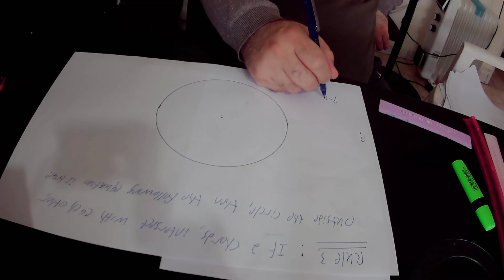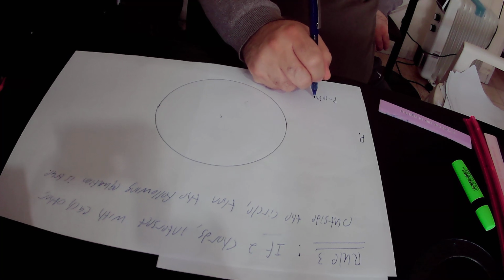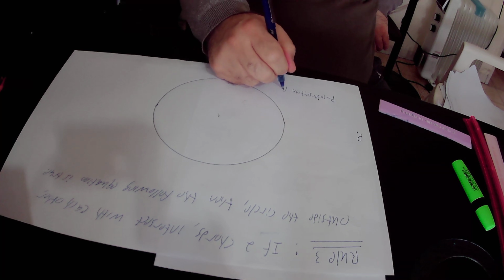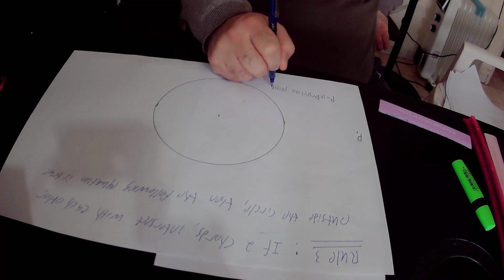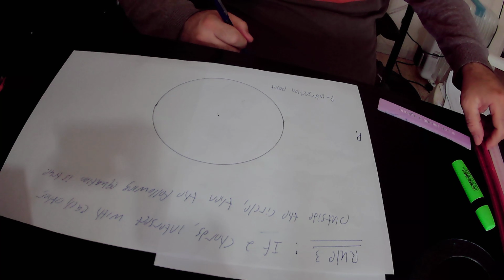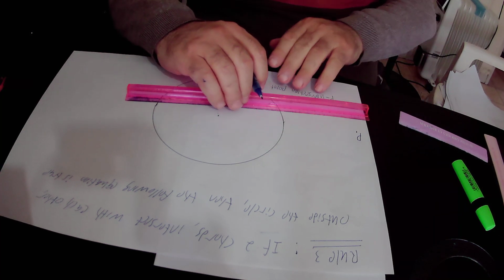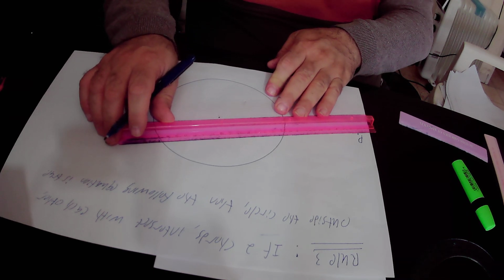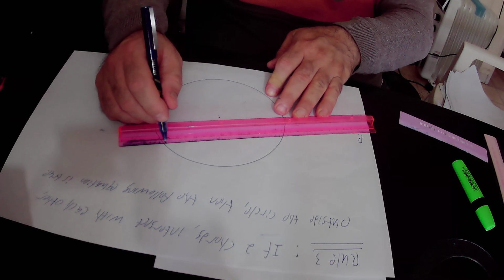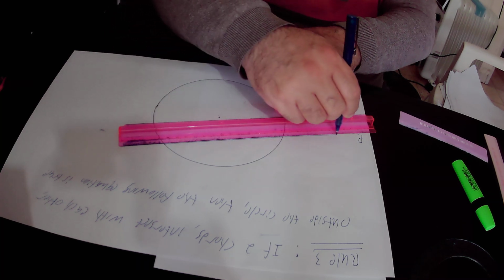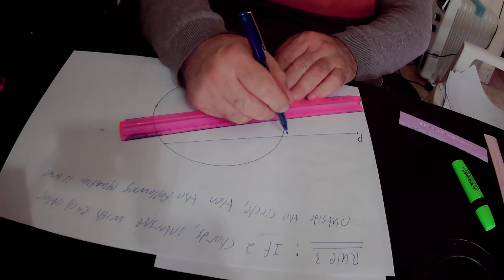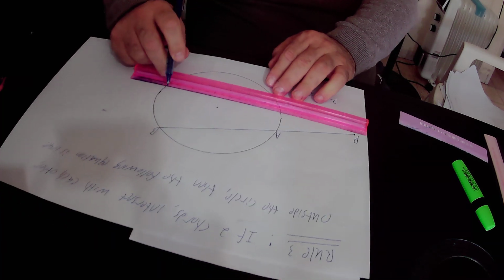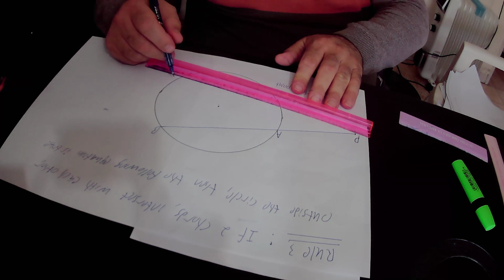Point P is the intersection point for the two chords. So here we have the first chord called AB that intersects with chord CD.